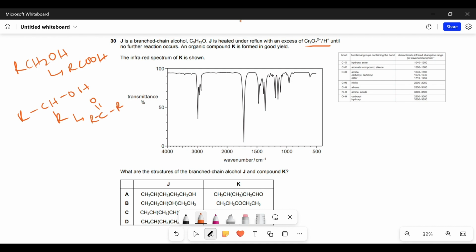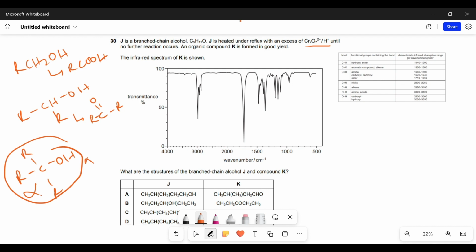If the alcohol is a tertiary alcohol, then there won't be any oxidation. Since oxidation is taking place, J is not a tertiary alcohol, so that cannot be the answer. That means J is either a secondary or primary alcohol.